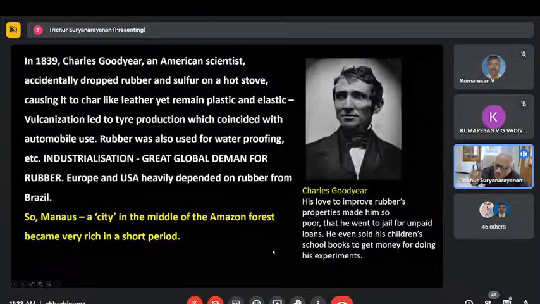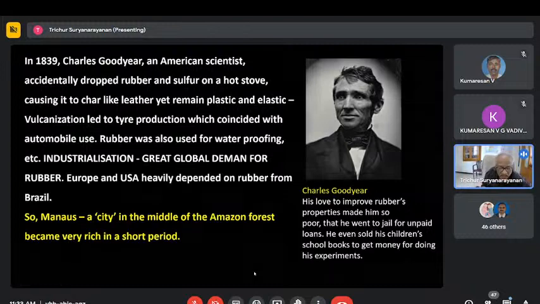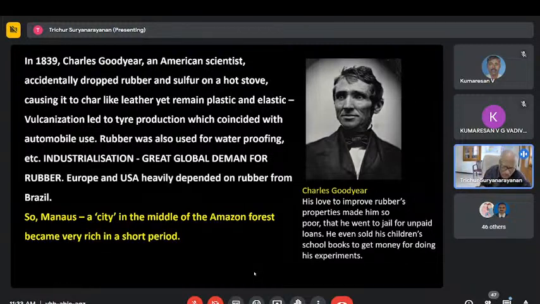He lost all his property in this work. He became poor. He borrowed money from people, but he couldn't repay them, so he went to jail. And then he even sold his children's school books to get money for doing this experiment. So he was very, very focused.